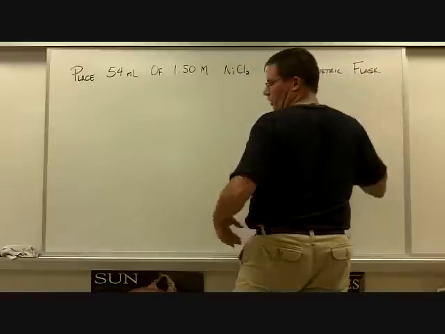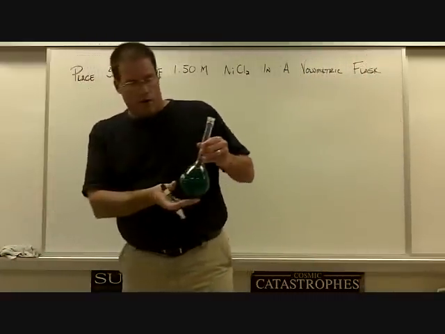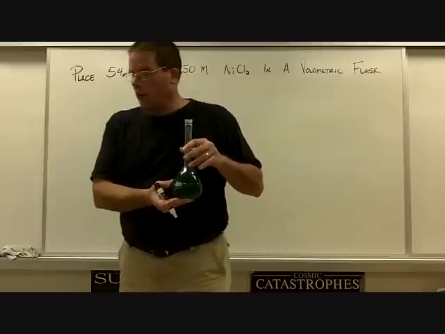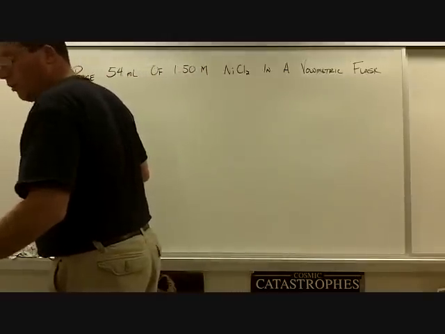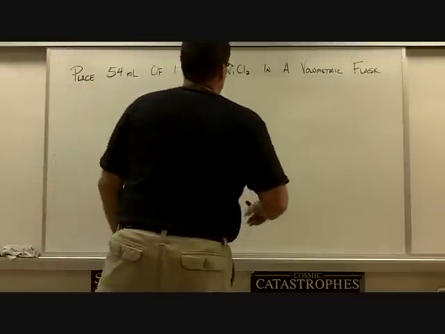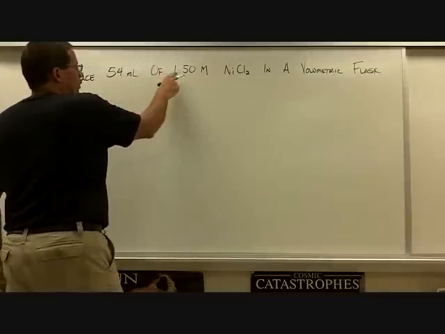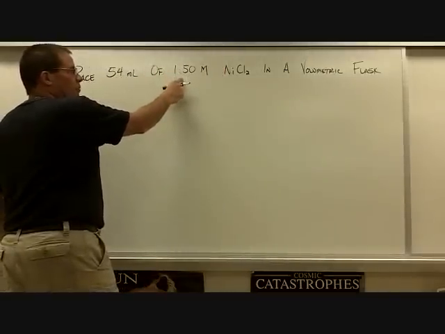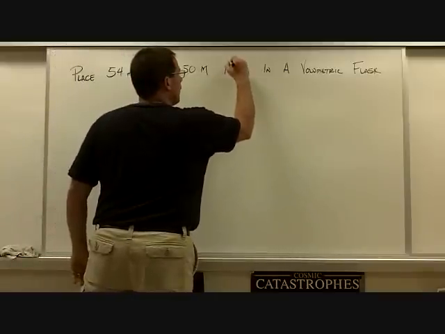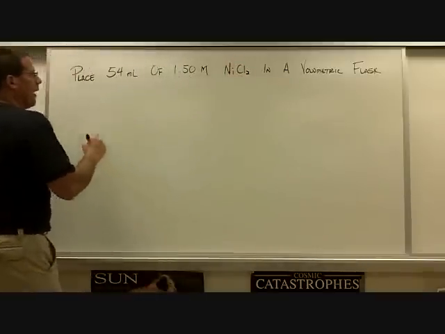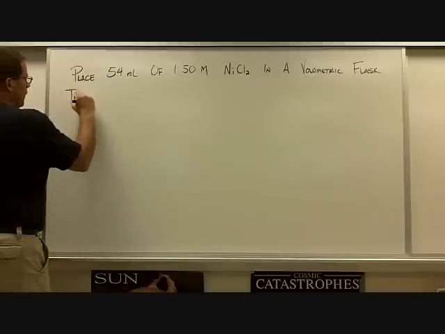Volumetric flasks are these funny looking things, but they're very, very accurate, or precise, we should say. So we're going to place 54 milliliters of our stock solution, 1.5 molar nickel II chloride solution, in a volumetric flask.